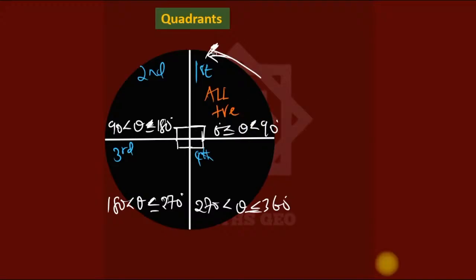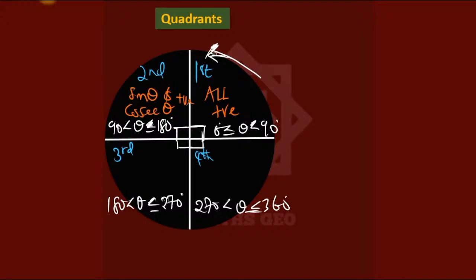Another thing you have to know is that only sine and its reciprocal, which is cosec, are positive in the second quadrant. So it's only sine and cosec, that's the reciprocal, that are positive. Others are negative.